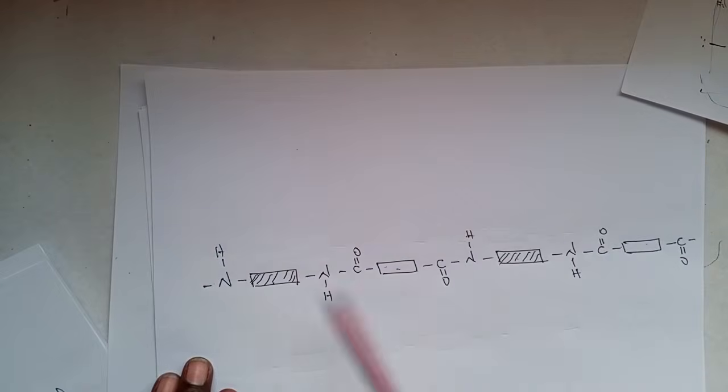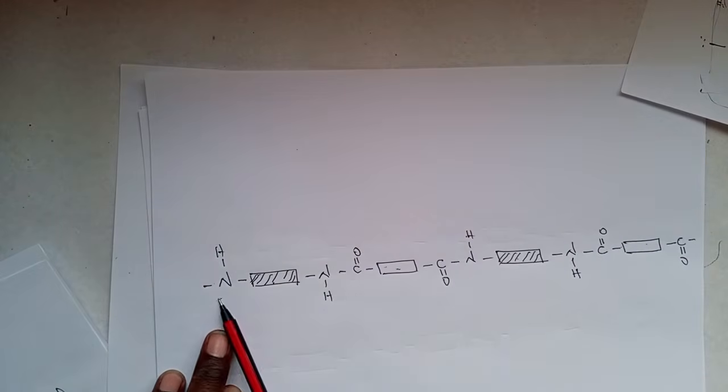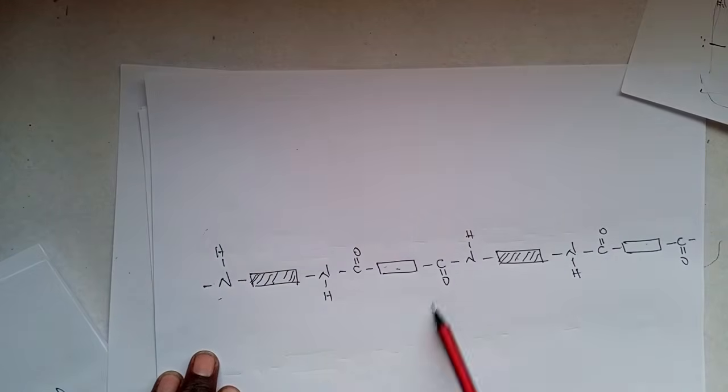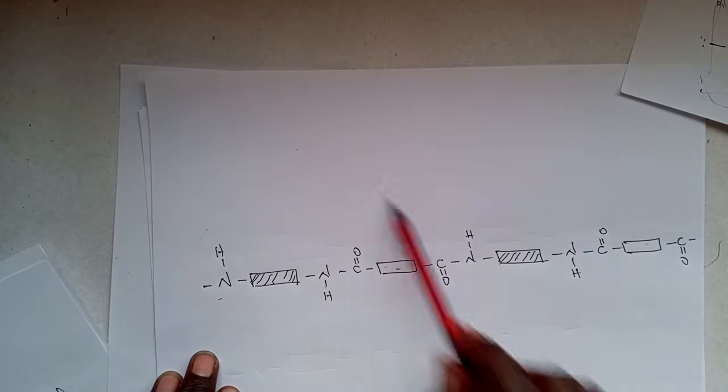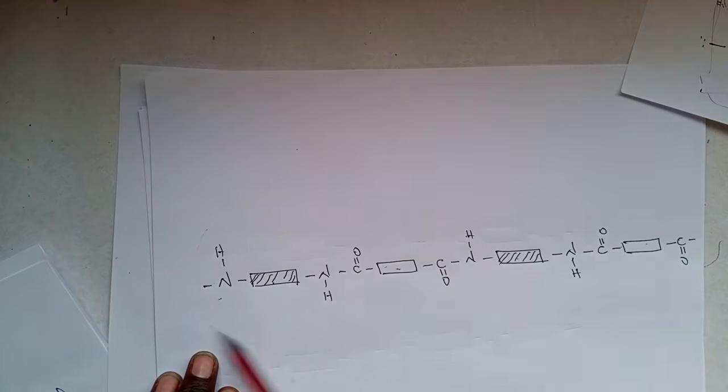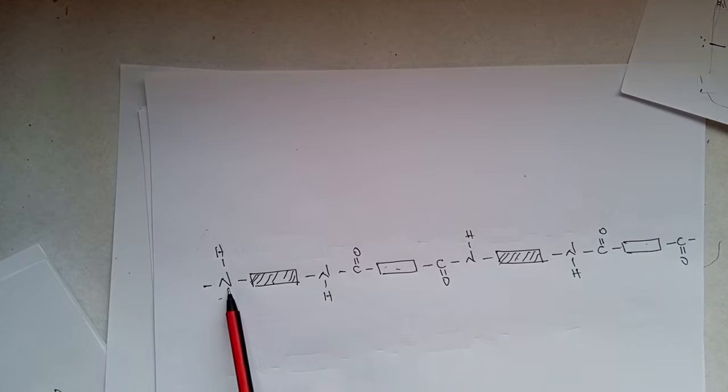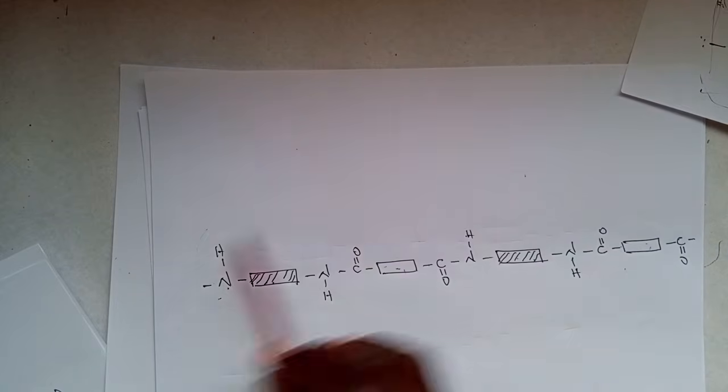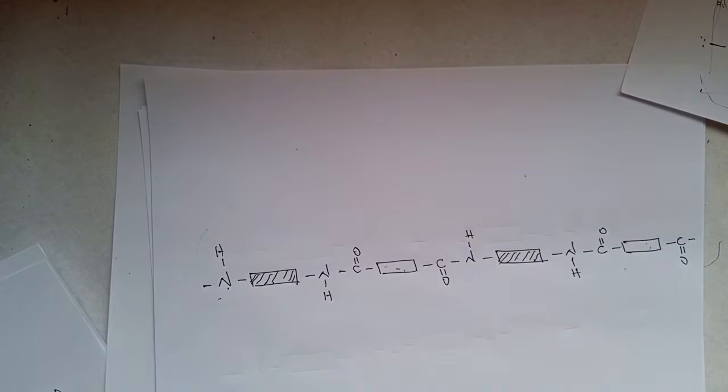So 2 repeating units are seen. You have this as 1 unit, this as 1 unit, and also this as another unit. So the most important thing is to see where this one ends and where this one starts. So in this case, you have this and this and this, showing 2 repeating units.